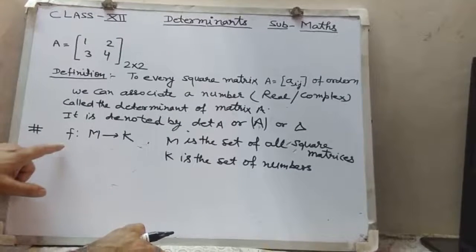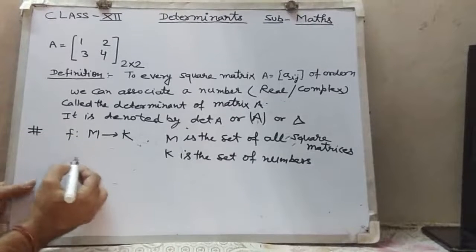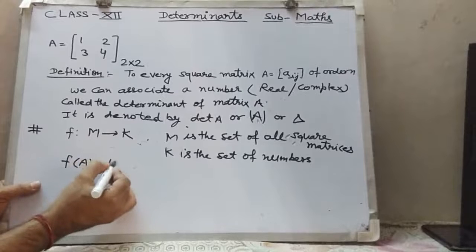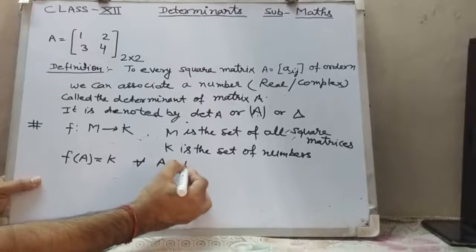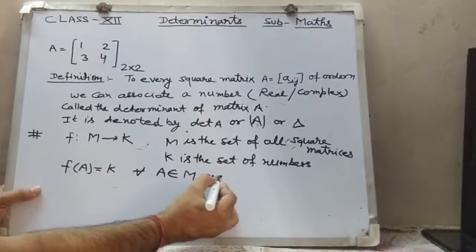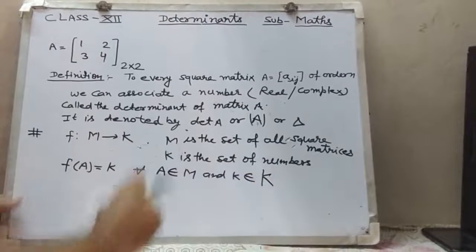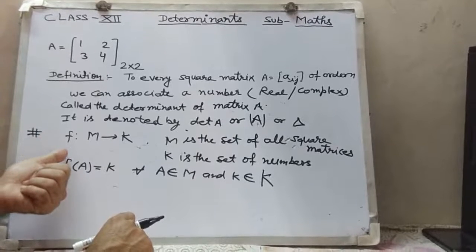So f is a function from m to k such that f of A is equal to k for every A belongs to m and k belongs to k. Means we can say determinant is a function from m.